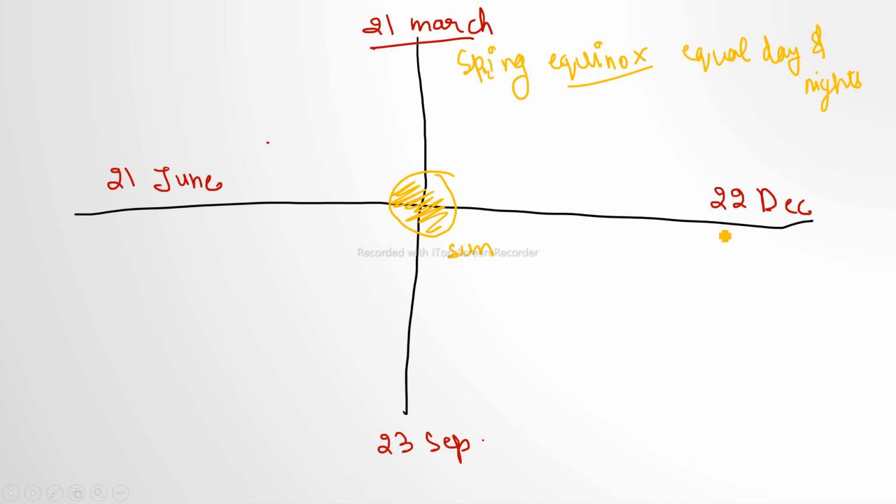Now on the 22nd of December, you can see that this is around 23.5 degrees south, and here is 23.5 degrees north. Now around the 22nd of December, what is happening in the southern hemisphere of earth? I think you may have some problem understanding; watch the video once again by rewinding, and it will be clear, although I am making it very clear.